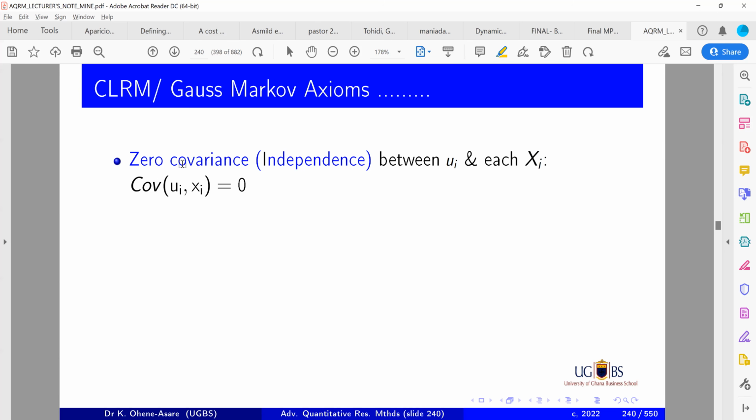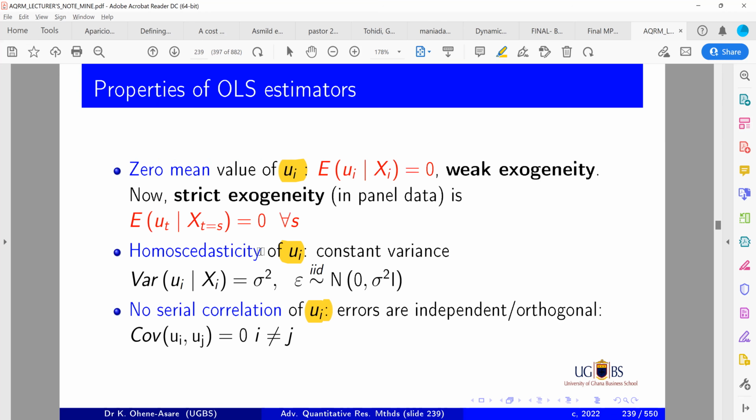So the next assumption says zero covariance. Now, please note the previous one and then compare it with this. The previous one is that the covariance between two errors should be zero. The two errors must be uncorrelated.